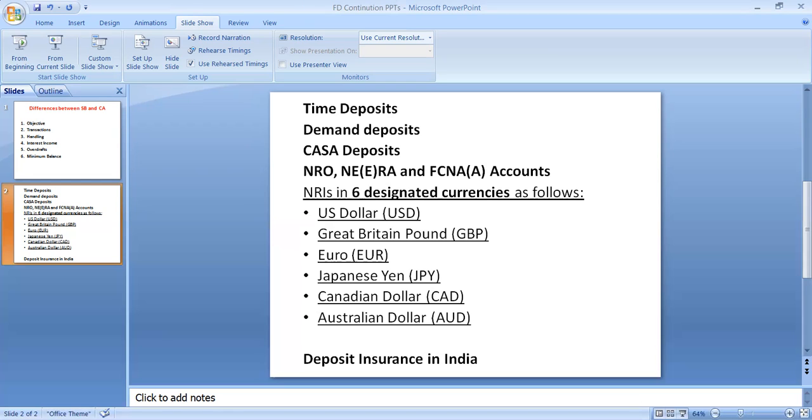In the flexi deposit, amount in savings deposit accounts beyond a fixed limit is automatically converted into term deposit.